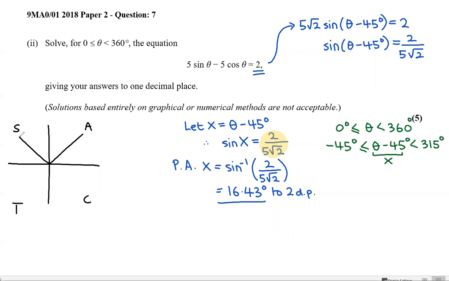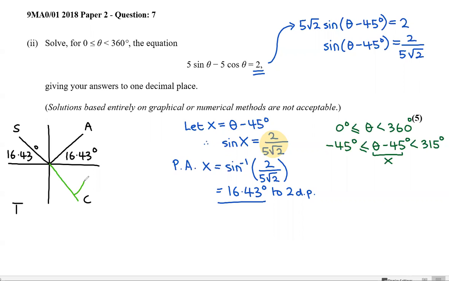So we have 16.43 degrees and 16.43 degrees as well. And just so you're aware, the interval we're going to look in starts at negative 45, which is here.